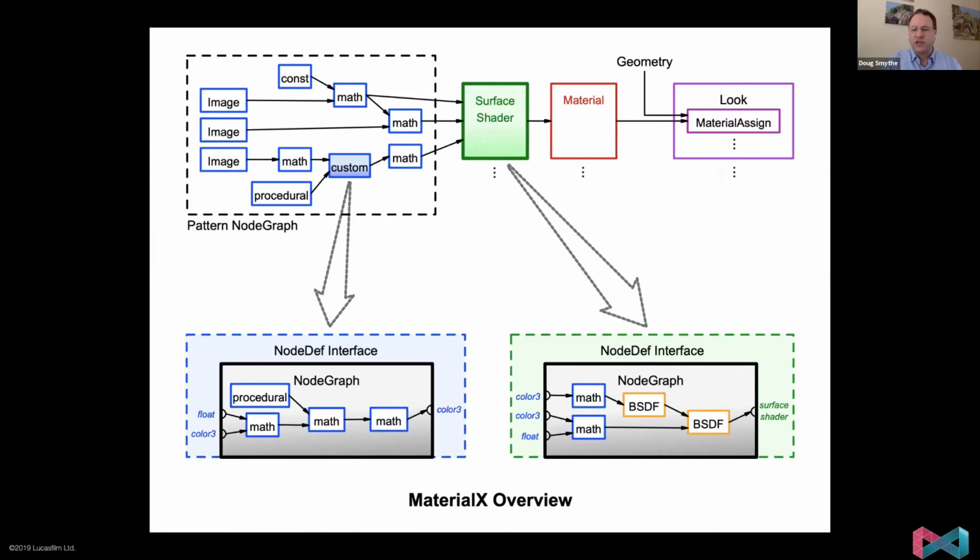But the nodes within a node graph can also be implemented as a graph of nodes, and even the shaders themselves can be expressed as a graph of BSDF and other nodes. The parameter interface for every node, regardless of type, is defined using what we call a node def, and the MaterialX specification provides definitions and implementations for a large set of pattern and BSDF nodes.